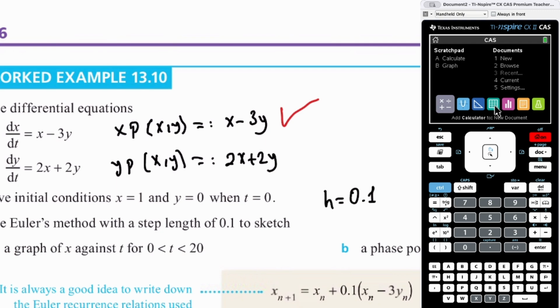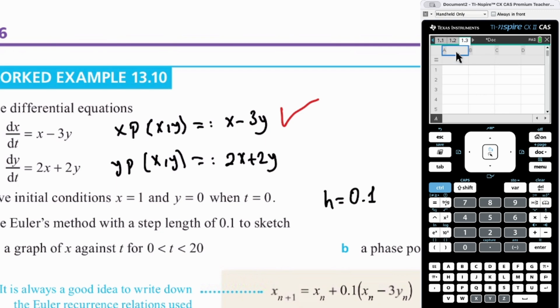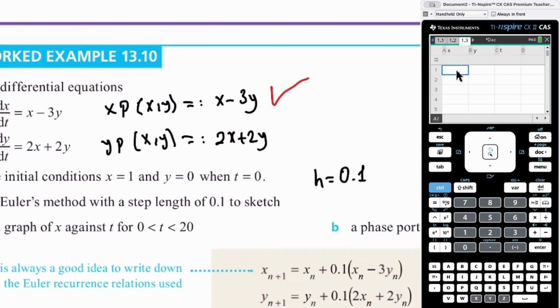You remember Euler's method? Let's say this is x, this is y, and this is t, because we have three variables. And what is our initial condition? The initial condition is given here: x equals 1, y equals 0, and t equals 0, right?